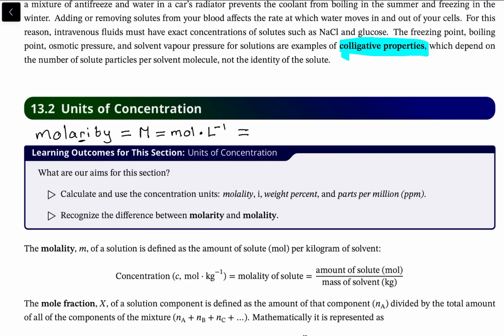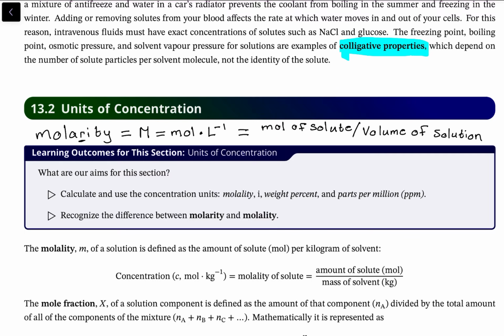So mole per liter, or we can just remind ourselves it's amount of solute, so mole of solute, per volume of solution. So that is the concentration unit that we've looked at thus far.